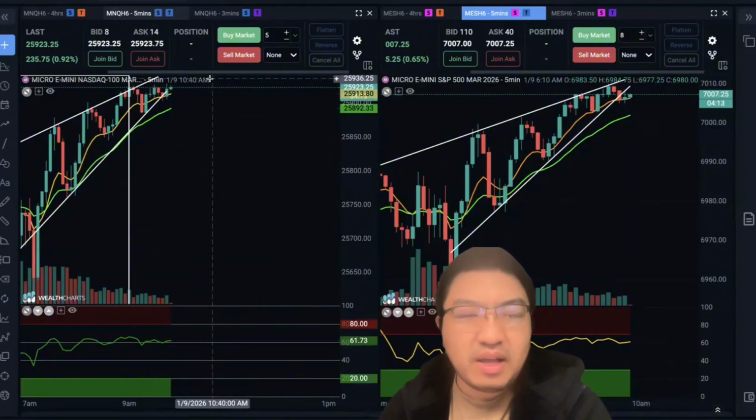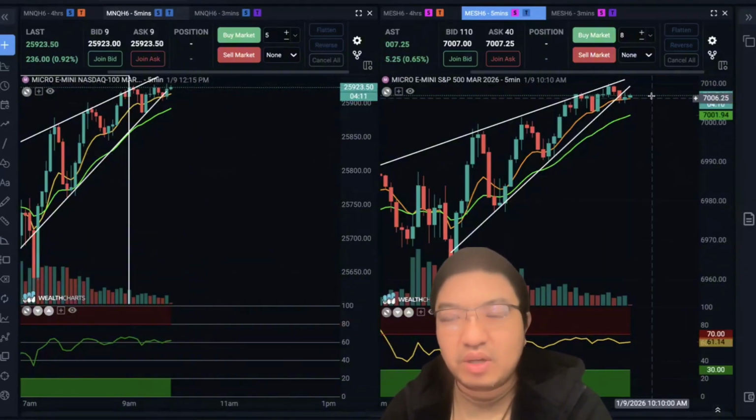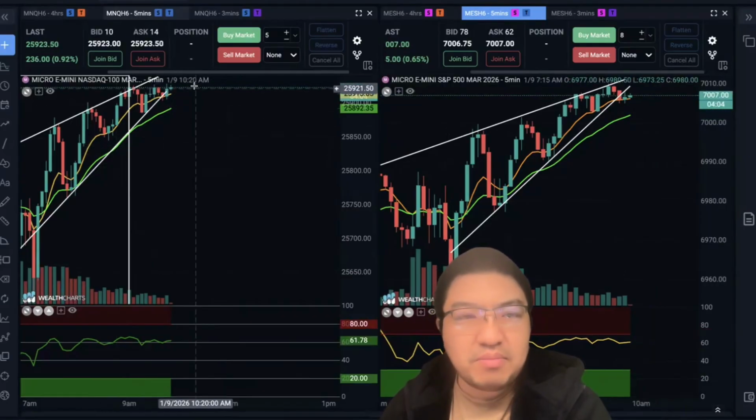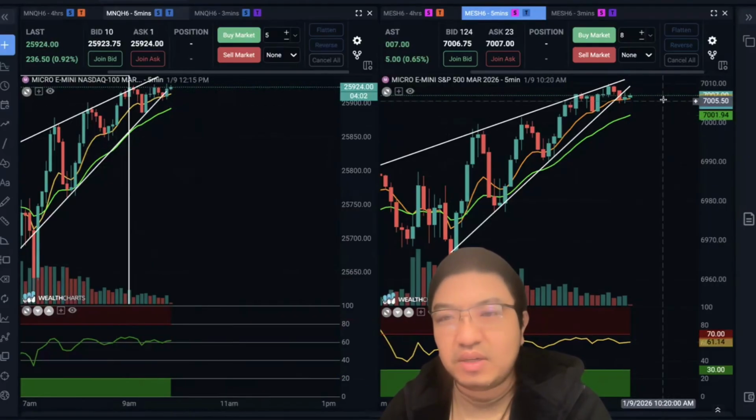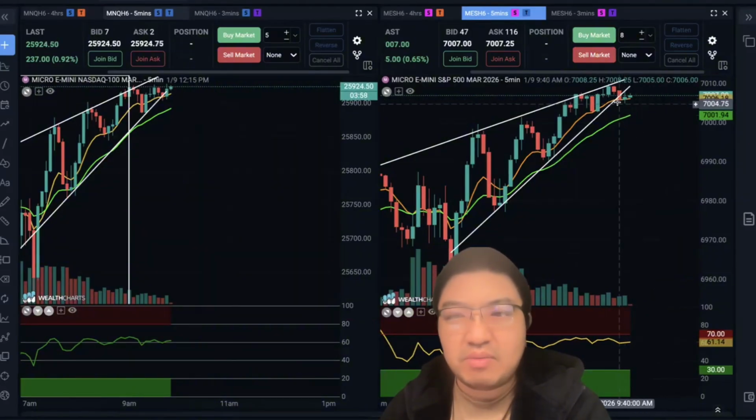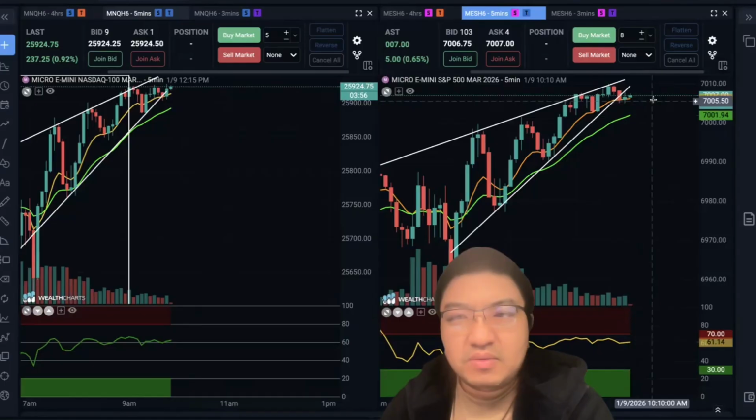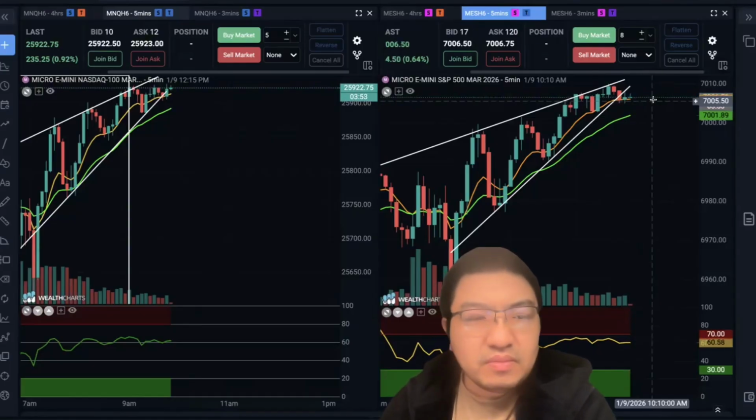If it's going to break to the upside, then probably I will go long with ES, because this is already the upper bound, and this ES is at the lower bound we have seen here, but it's not a breakout, so I'm not sure.